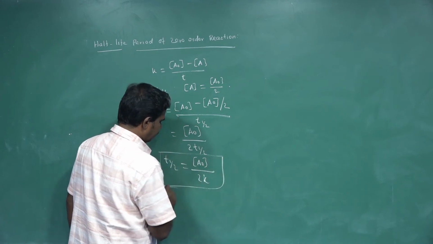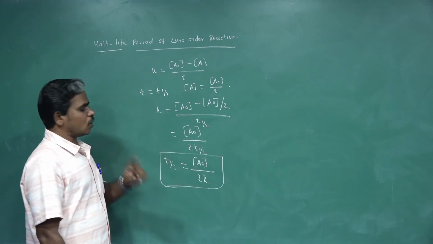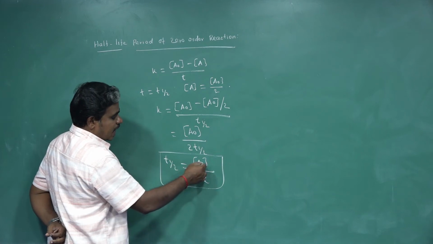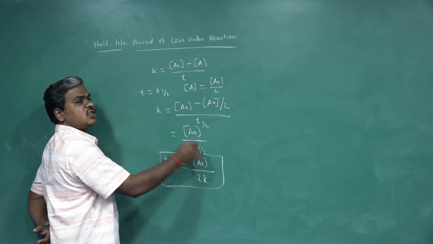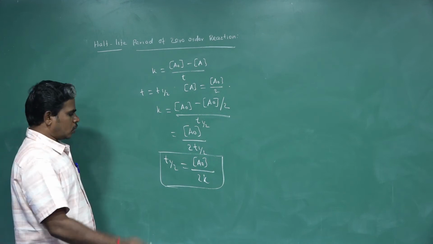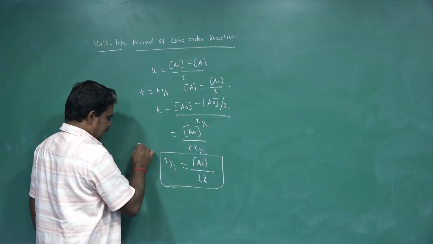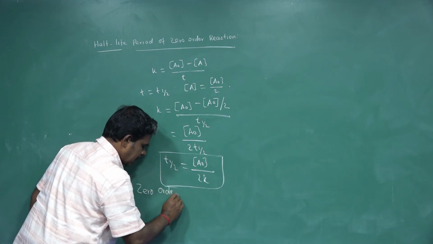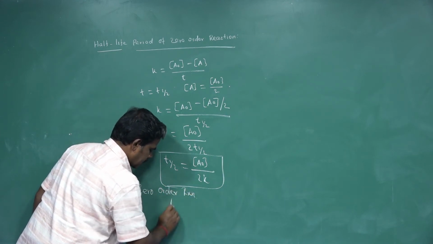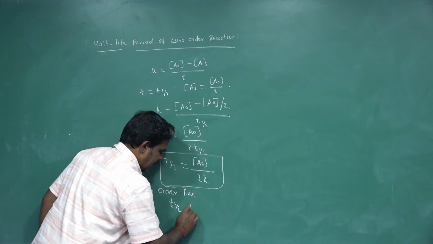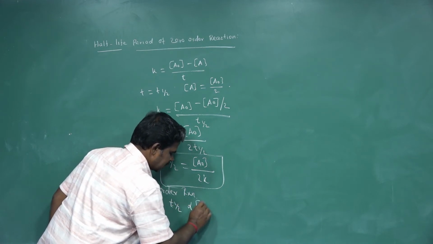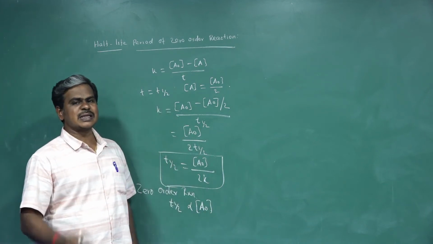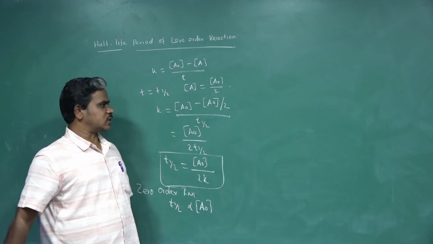So it is the half-life period of a zero order reaction. Here t half is directly proportional to initial concentration. So for a zero order reaction, t half is directly proportional to the initial concentration. If it is a first order reaction, it is independent of initial concentration.